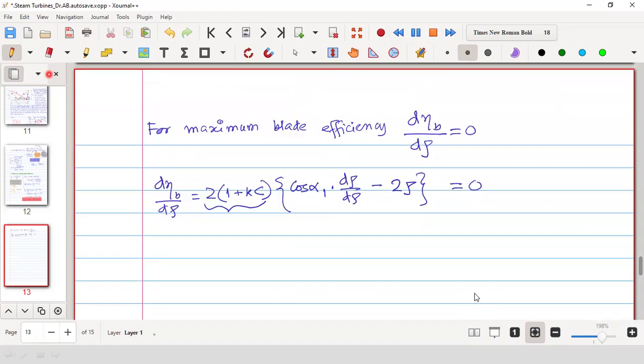So therefore, from this we can write that cos alpha 1 minus 2 rho is equal to 0, because 1 plus Kc cannot be 0.